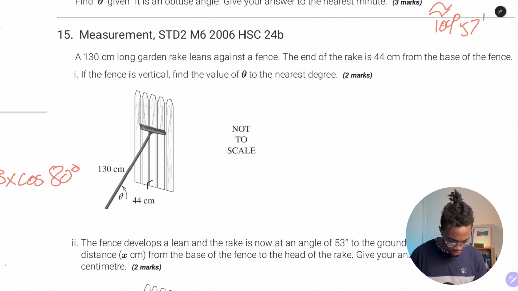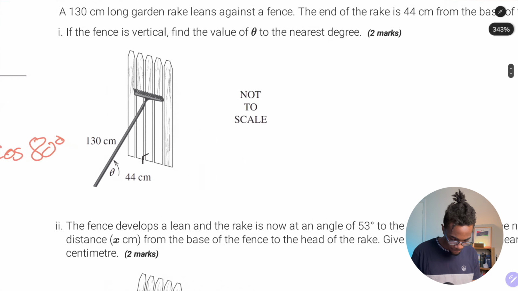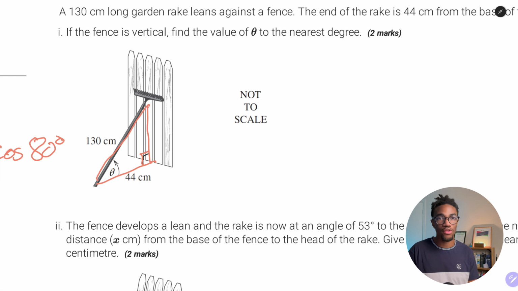A 130 centimeter long garden rake leans against the fence. The end of the rake is 44 centimeters from the base of the fence. If the fence is vertical, find the value of theta to the nearest degree. So I just recognize that this is a normal right angle triangle, so I'm going to use normal trigonometry.